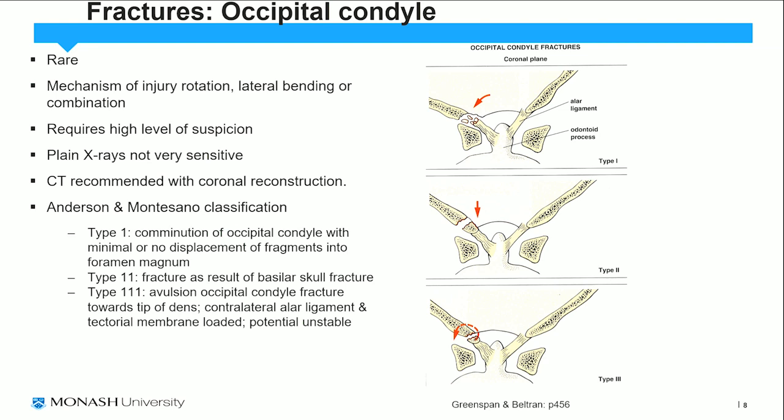Type 3 is an avulsion of the occipital condyle fracture, and it moves towards the tip of the dens. The contralateral alar ligament and the tectorial membrane is loaded, and therefore this can be potentially unstable.